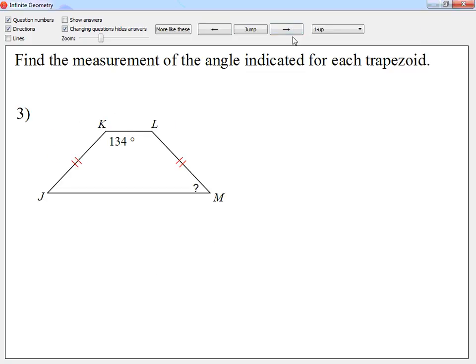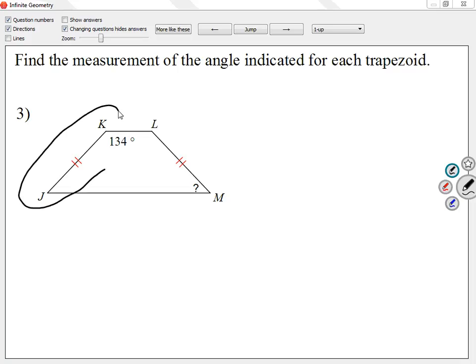Let me take a look at number 3. I have my angles K and J. Remember I said the left side or the right side. I'm looking at the left side, angles K and J. One of them is 134. How big is angle J? 46. I know I'm not asking you for angle J here, but angle J is 46, because they both add up to 180.